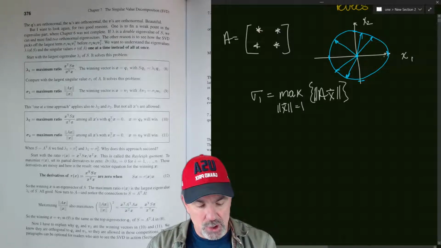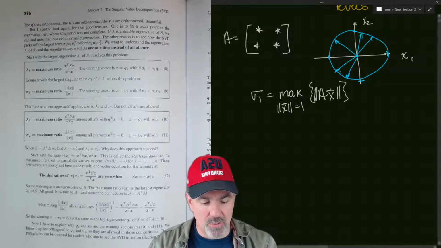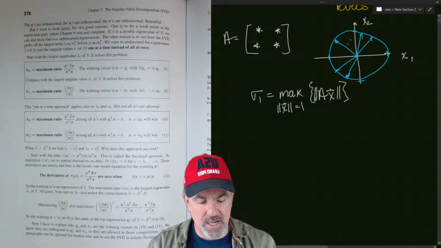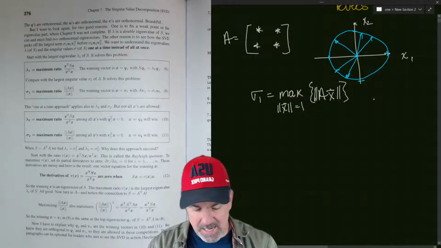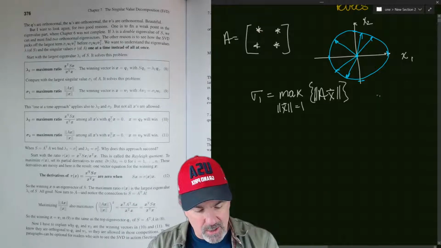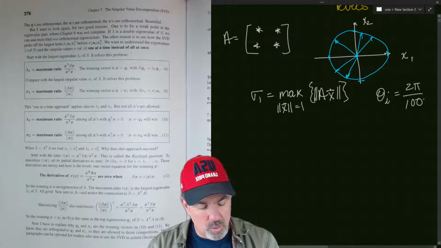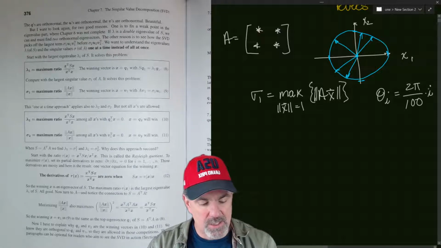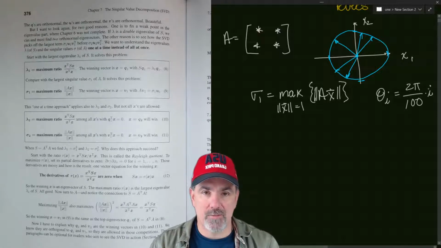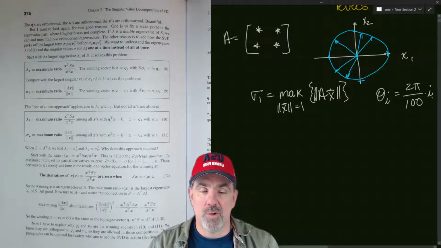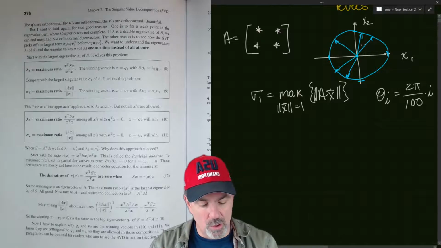We could just chop up the unit circle and go around 100 times or 1,000 different cuts here. So we could pick an angle, for example. This is how it is done. We could pick an angle that is maybe 2 pi over 100, and we're going to multiply this times i, where i is going to go from 0 to 100. And then we would cover 0 to 2 pi, and we would go all the way around.